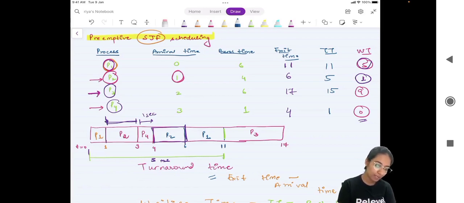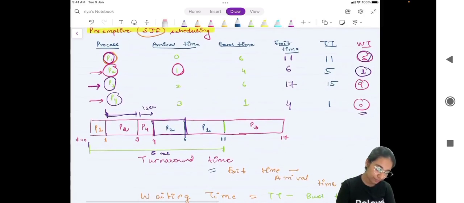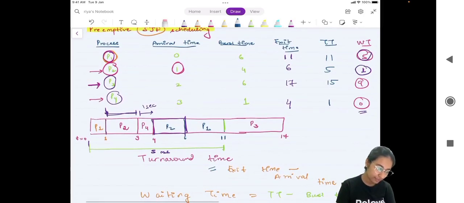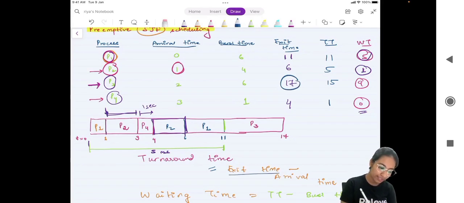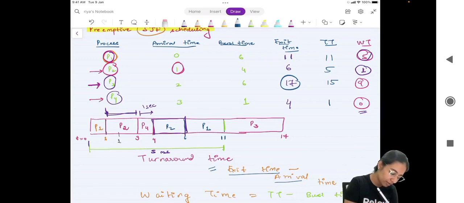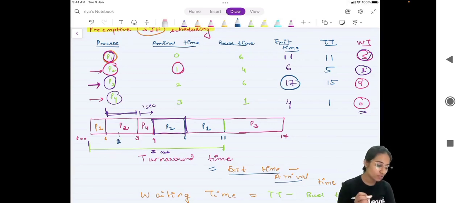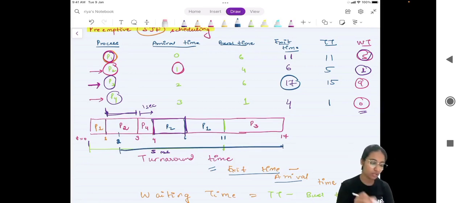The exit time for this process was 17, and minus the arrival time, which was 2. That means it came somewhere here, right? But it actually exited the system after executing all of its processes. So the turnaround time here was 15.